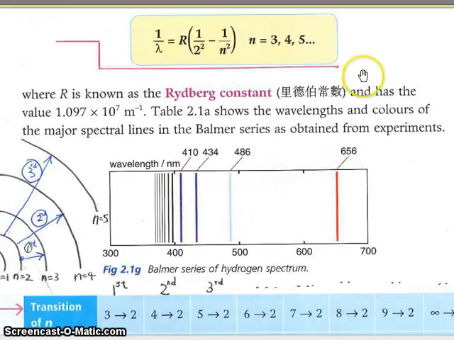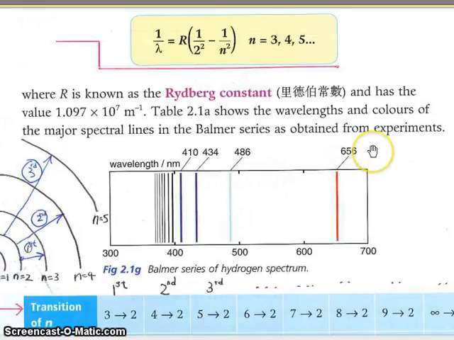Balmer found the equation that relates them. So you may substitute n to be 3, 4, 5, and in that way, using the equation, you may find 410, 434, 486, and even that 656. So Balmer discovered the equation.